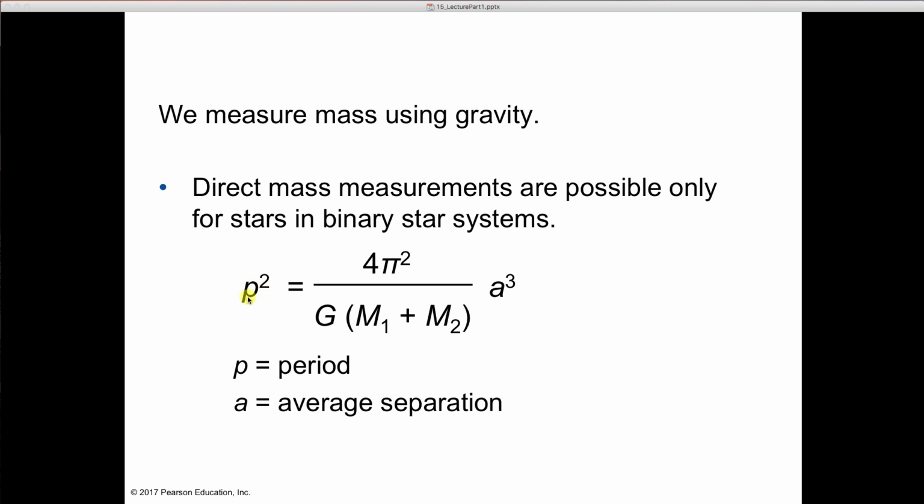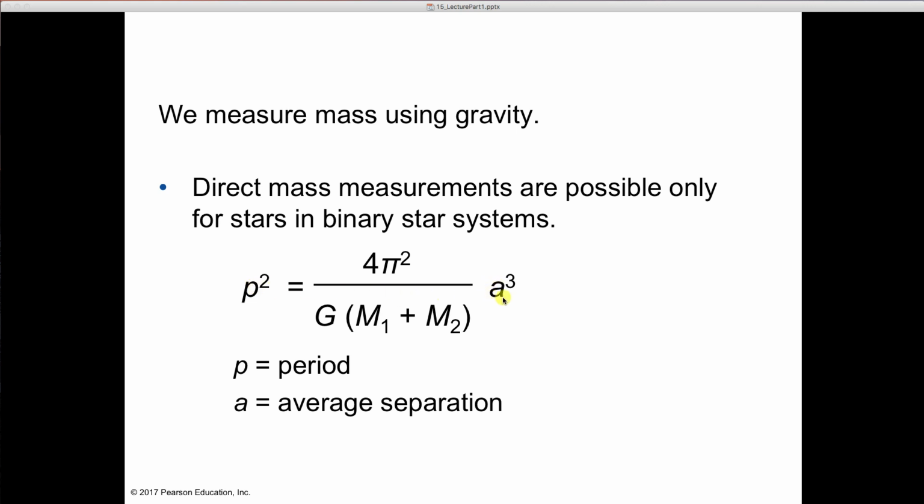We can find the period easily through any of these three methods: looking at the visual binary and taking photographs over time, looking at the spectroscopic binary and the change in the pattern of the spectrum, or looking at the eclipsing binary and the changes in the brightness as it goes up and down, as one star is eclipsing the other.